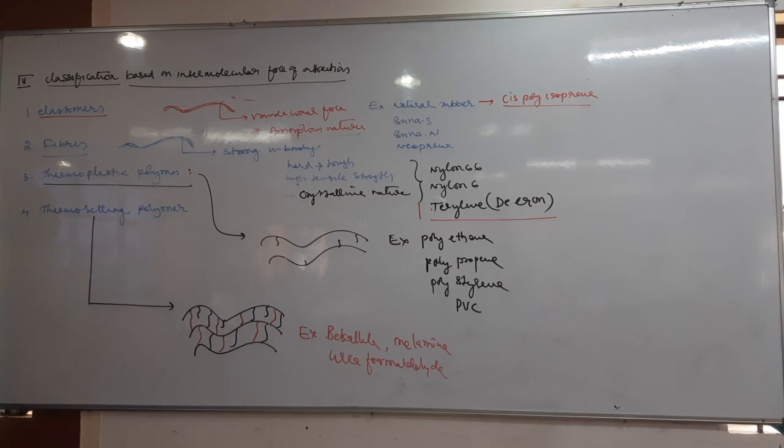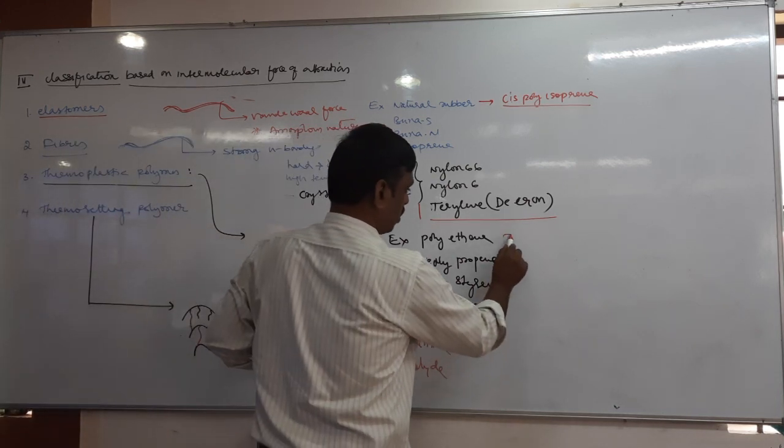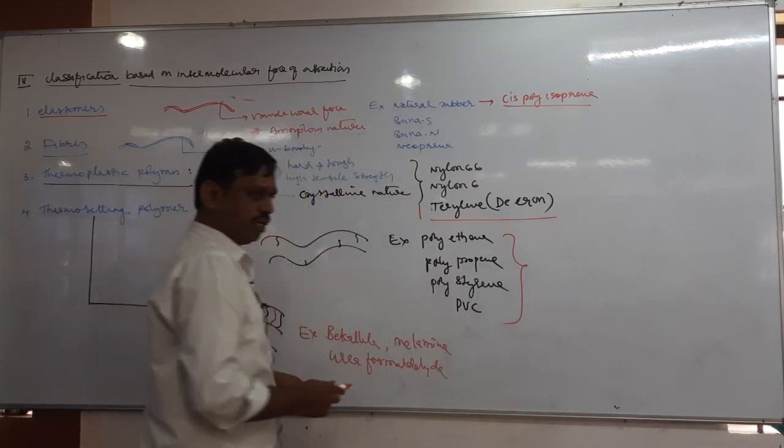Next, whether reusable or not: they are reusable. Examples: polyethylene, polypropylene, polystyrene, polyvinyl chloride, and many more.